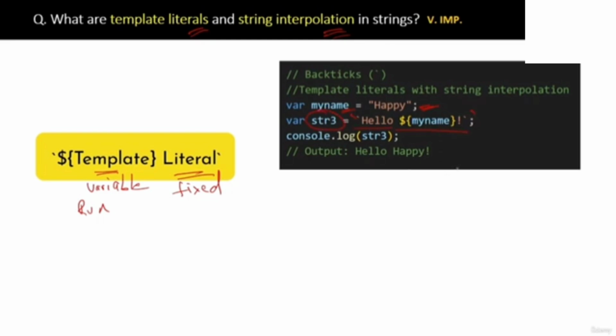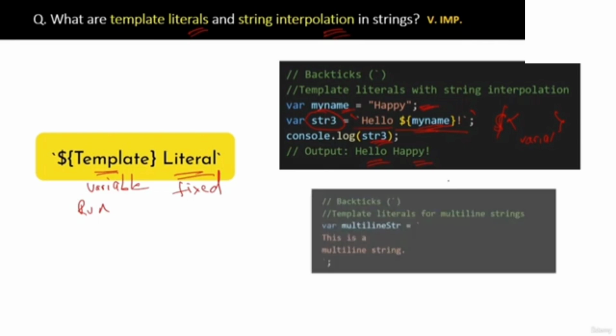Now template literals use the string interpolation concept. As per string interpolation, the string inside the curly braces and preceded by the dollar sign will be considered a variable, and the value of this variable will be evaluated at runtime. So the final output of this template literal is hello happy.